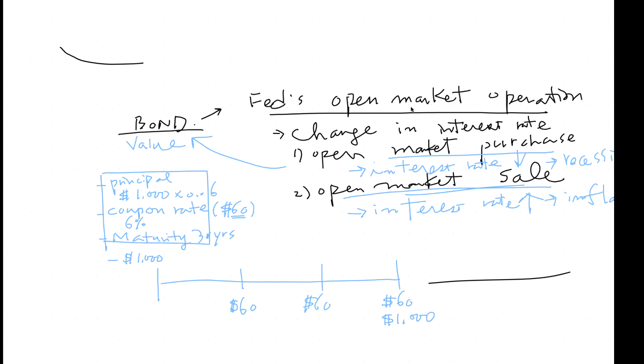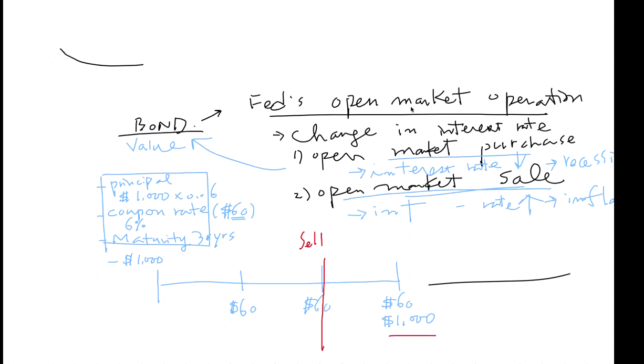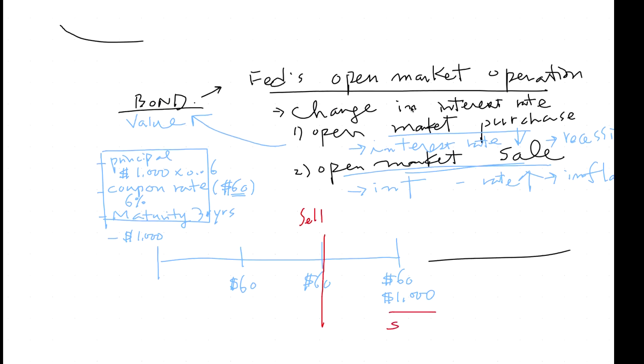So all bond problems ask, what if Simon has to sell this bond at the end of the 2nd year? He must sell this bond. He doesn't want to wait one more year to receive this 1,060. No, he needs cash now. So this is 1 year from now, right?